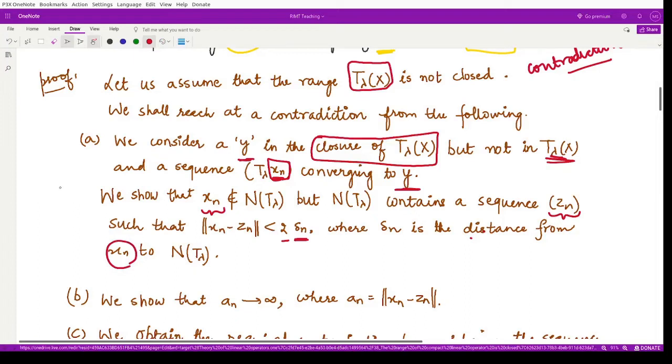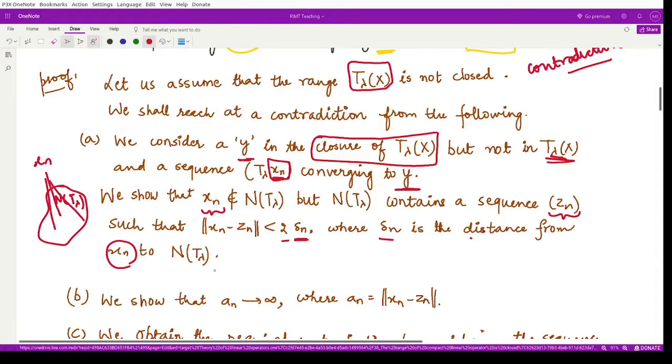That means, if this is the null space of the operator T lambda, then the distance of xn from an element here is less than 2 times delta n. Basically this delta n is the distance from xn to the null space of T lambda, right?